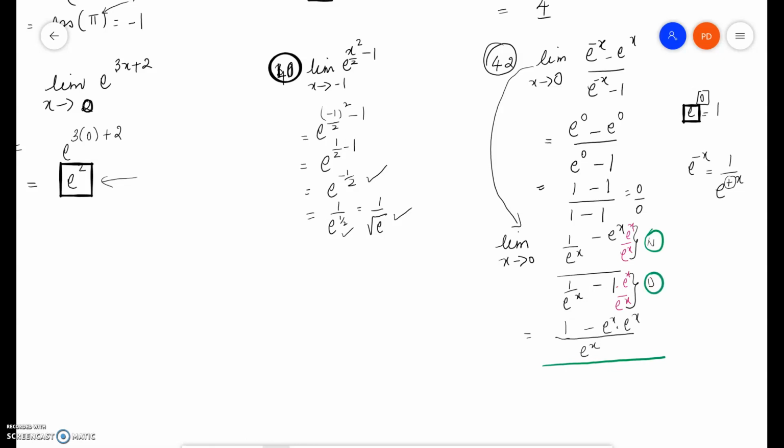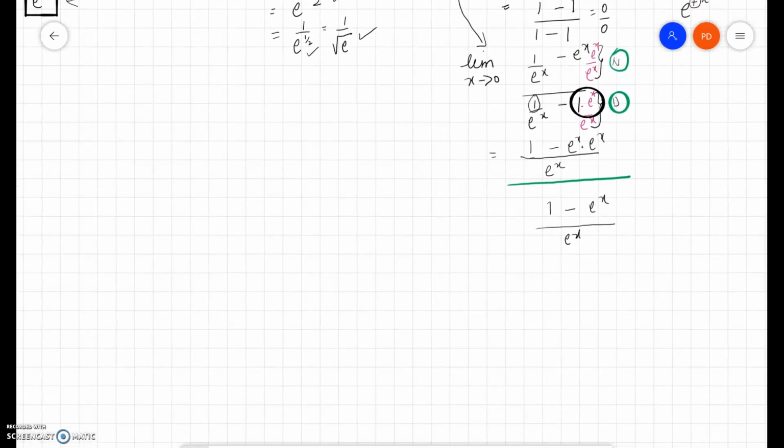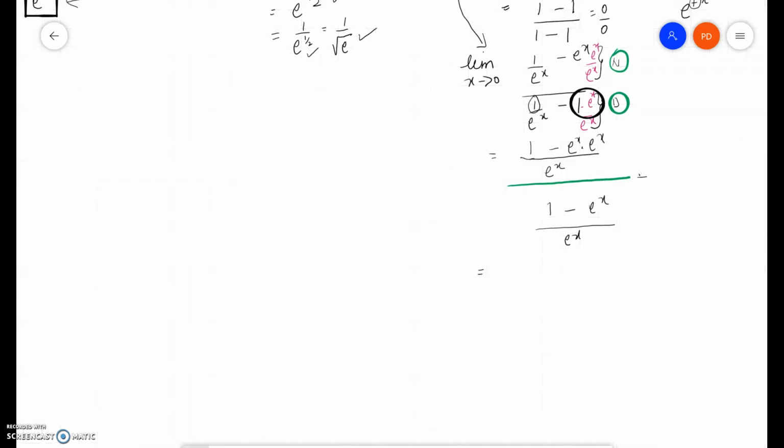And now we're looking at our denominator. Again, the common denominator is e to the x. We have 1 minus e to the x over e to the x. Now, remember this is division.